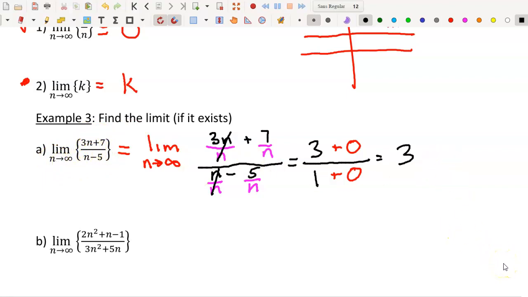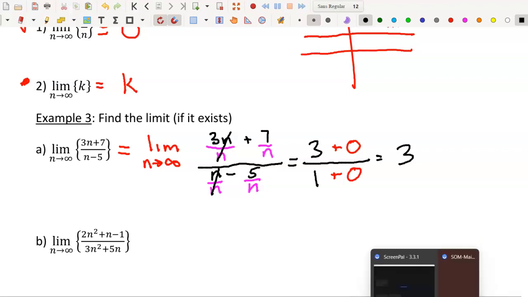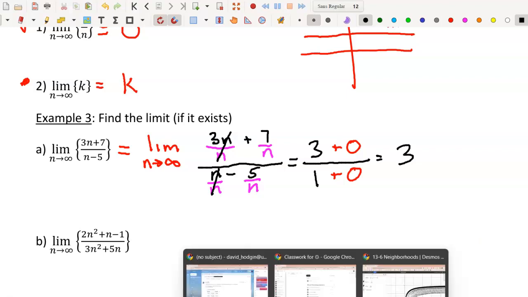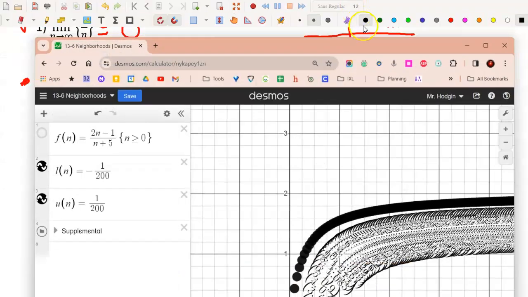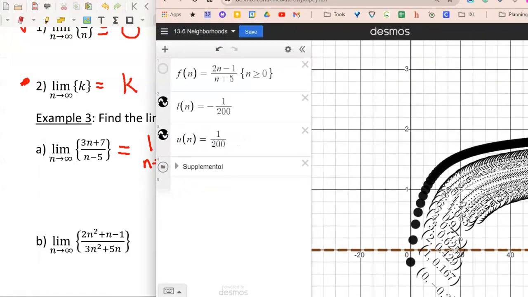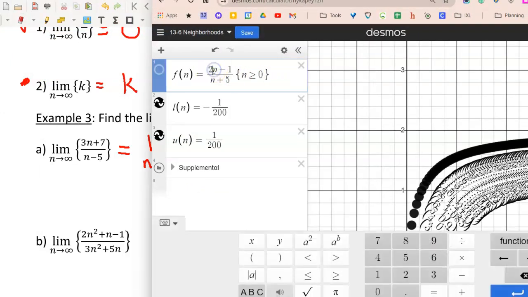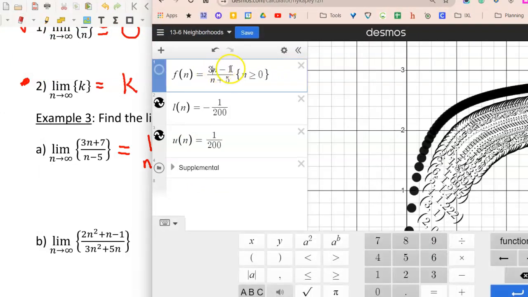And by all means, check it. Right? Make sure it makes sense and what your answers mean. You can go back here, type it in, no time at all.